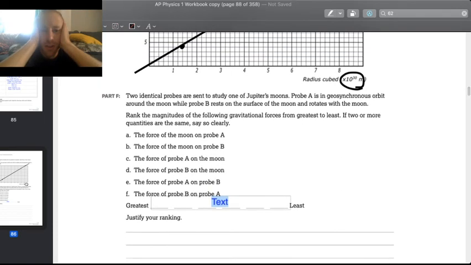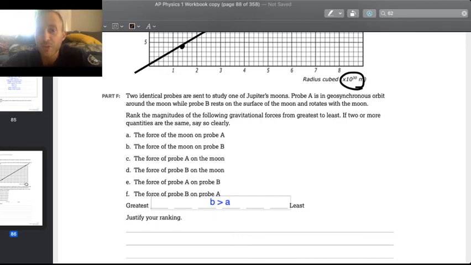Okay, so we've got the force of the moon on probe A, the force of the moon on probe B. Well, the force of the moon on probe B is going to be greater. Why do I say that? Because probe B is on the surface.